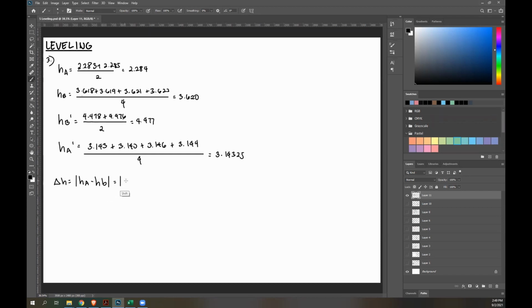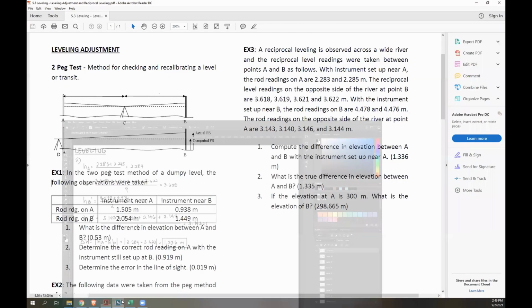So 2.284 minus 3.620. Since we're just getting difference in elevation, that's just absolute value. There's no negative for the difference of elevation. And you're supposed to get 1.336 meters. Okay? And so that's the first question.